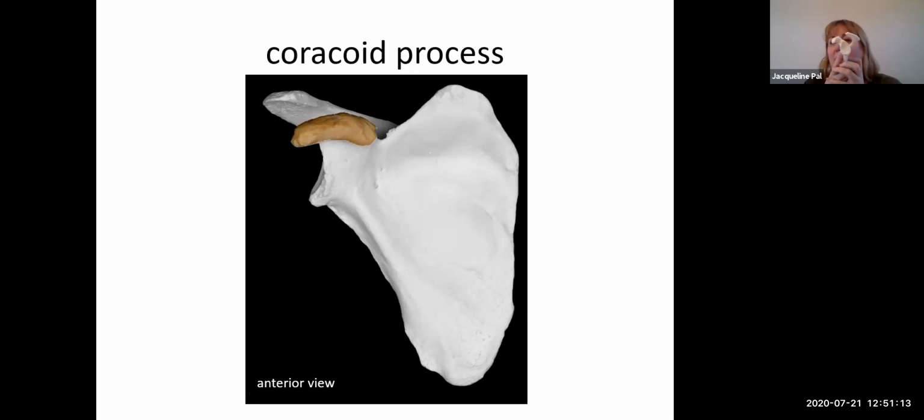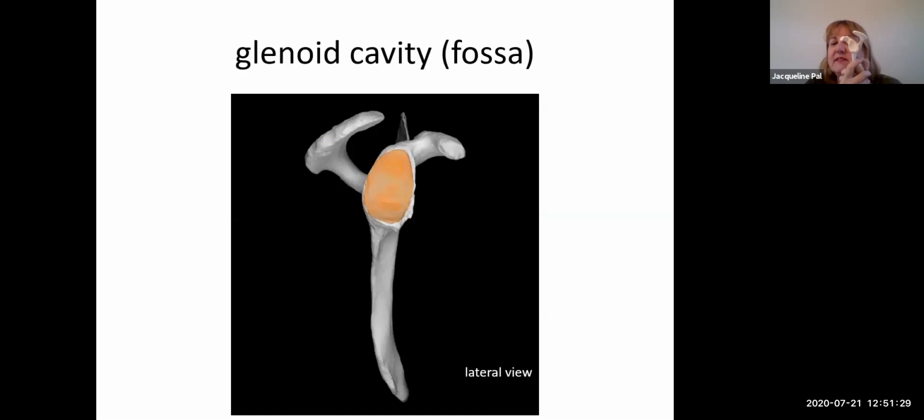When we look at this part of the scapula, where we clearly can see the acromion and the coracoid process, we then also can see this oval shallow depression right there. And that is known as the glenoid fossa or the glenoid cavity. And this is the part that is going to be articulating or forming a joint with your arm bone, or the humerus.